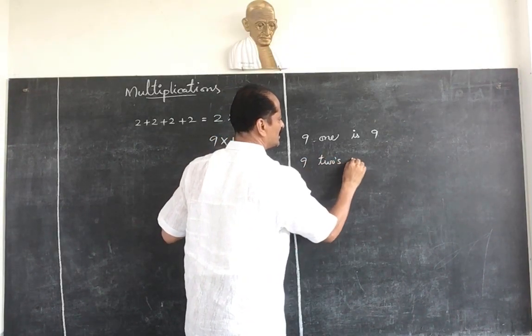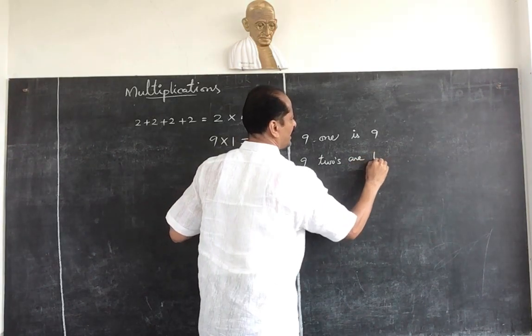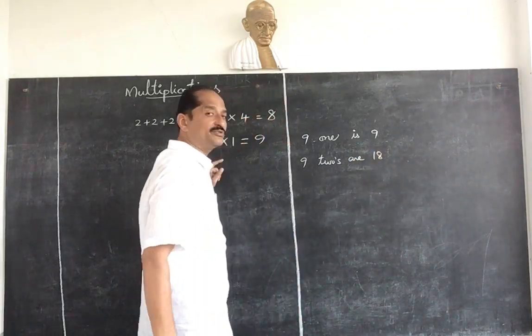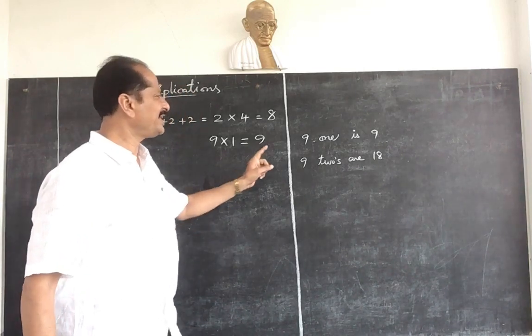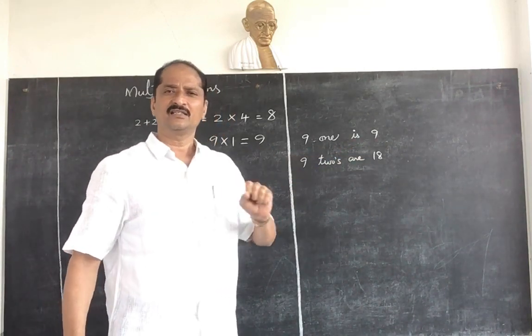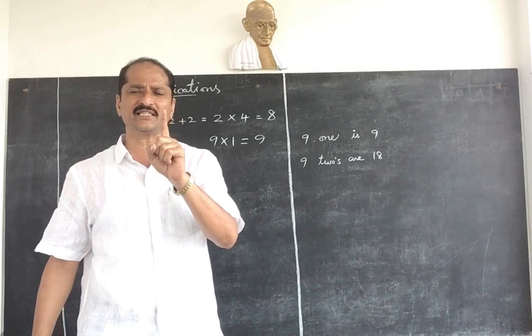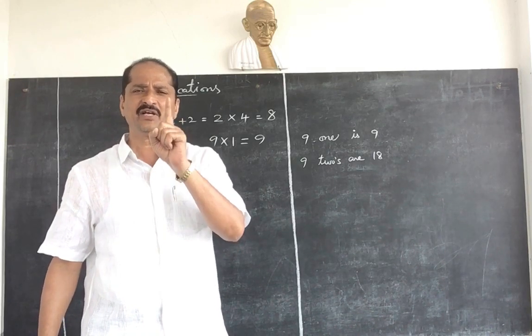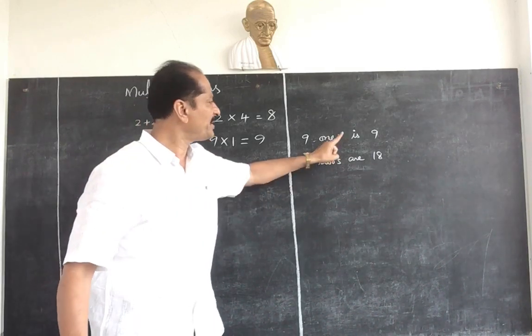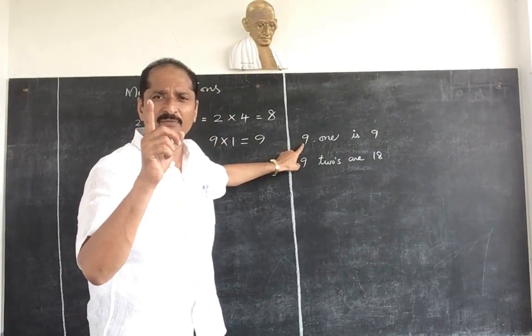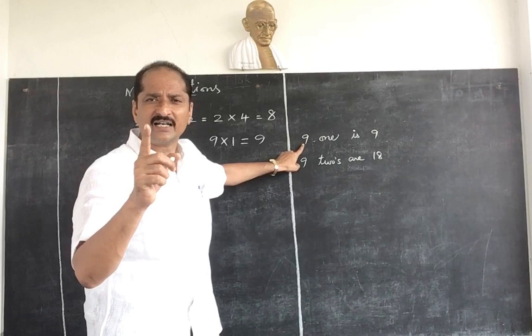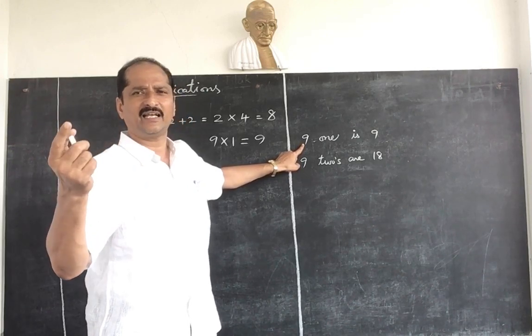9 2s are 18. Observe carefully what we are writing here. And 9 1 is 9. A singular form we are using here in English. Whenever you are using singular form, we must use is. Why? Because we are telling about 9 only one time. 9 1 is 9.